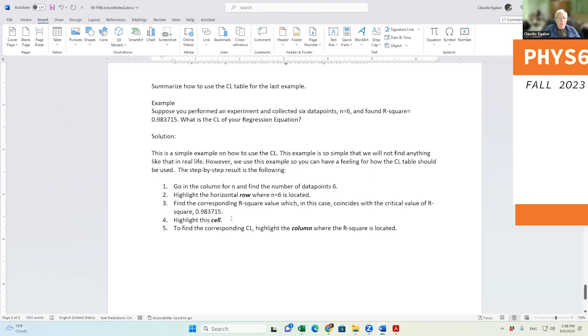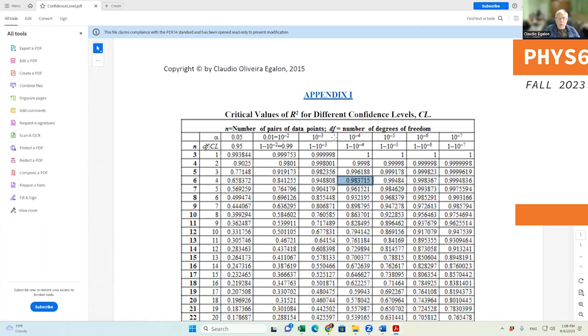Find the corresponding R squared value, which in this case coincides with the critical value of R squared. Highlight the cell. To find the corresponding CL, highlight the column where the R squared is located. Here you go, that's the column I'm talking about, right? And read the value of CL within this column.